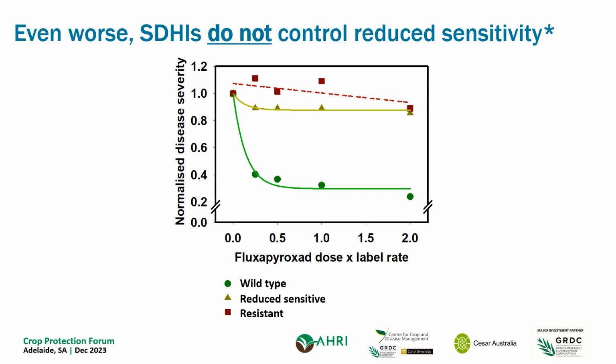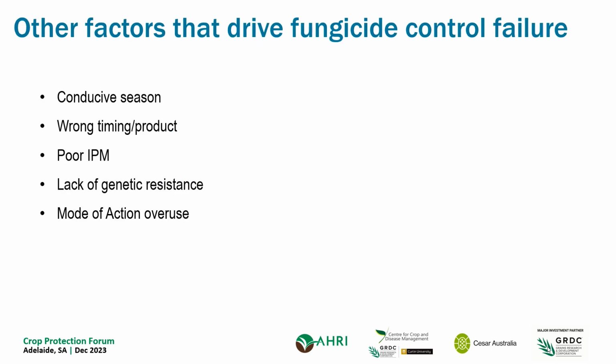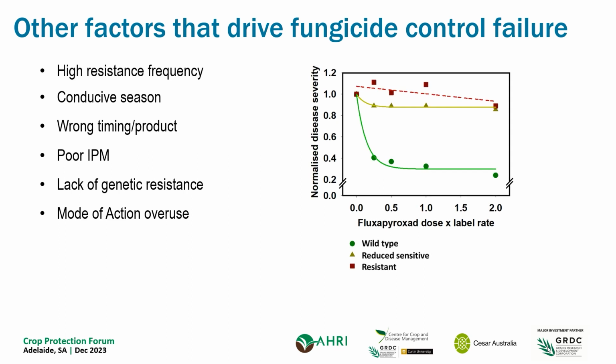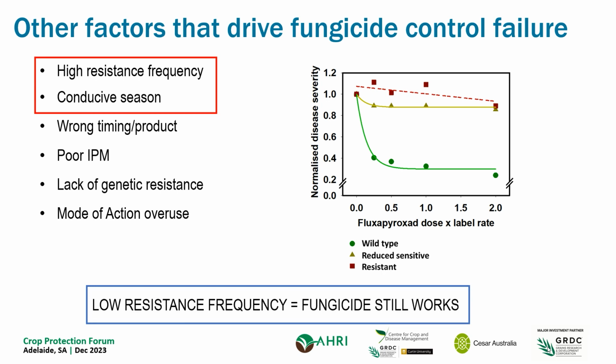That only means that because we are doing everything else wrong, using very susceptible varieties, poor IDM, using cheap chemistry, these populations got a chance and they behave as if they were resistant. The big problem is when we've got high frequency levels of these populations, then resistance just shows up, and it's hard to control.